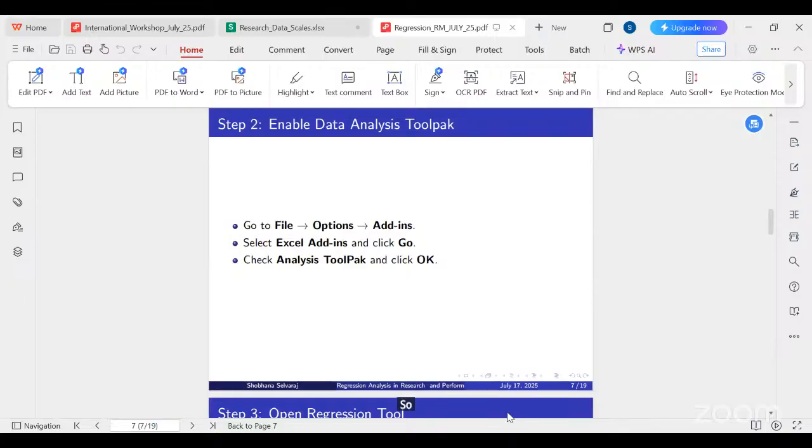To perform that, we have to enable the data analysis tool pack. Yesterday you all have done it, so no need to do that once again. But still, many couldn't do so, so I have shown the steps here. You can perform them if you have not done so yesterday. File, options, add-ins, go, then analysis toolpack and okay.